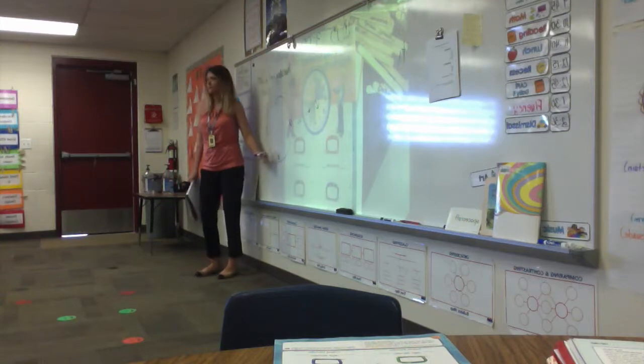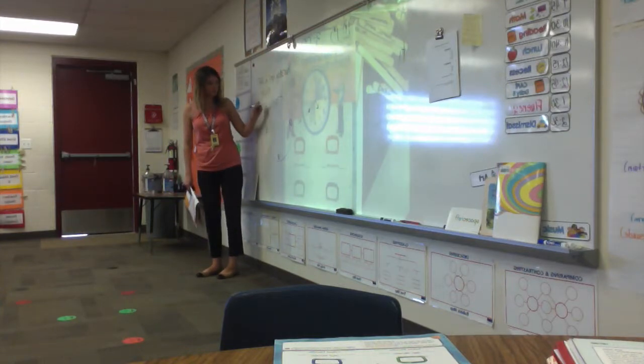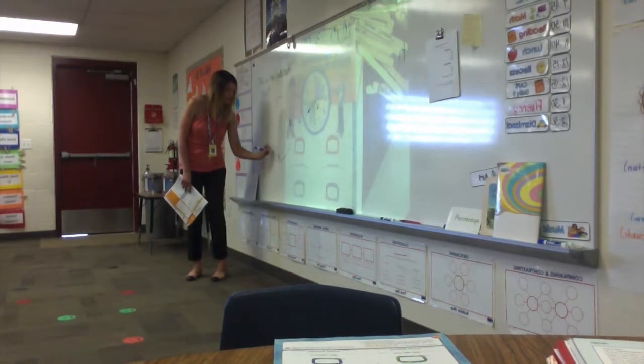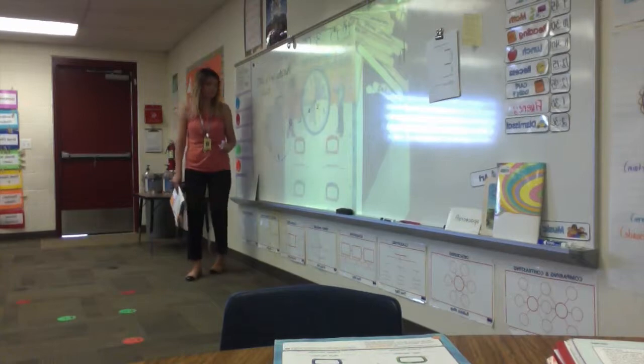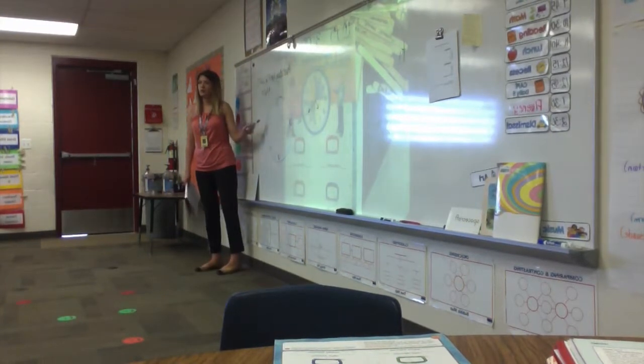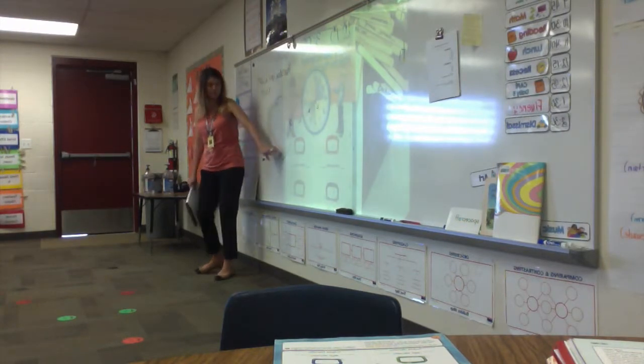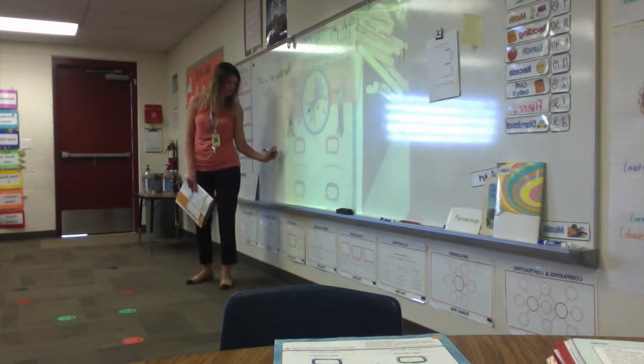Okay, then let's fill in the 4 and the 5. Let's do the same thing with the 4 and the 5 that we did with the 1 and the 2, evenly spaced between the 3 and the 6. And make sure you go in order. How do we count? 1, 2, 3, 4, 5, 6, 7, 8. And then do the same with 7 and 8 on the other side, in order.